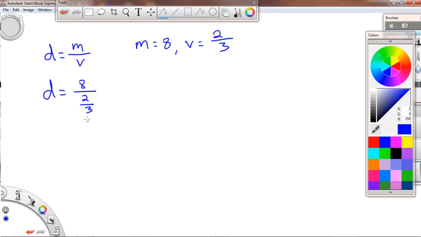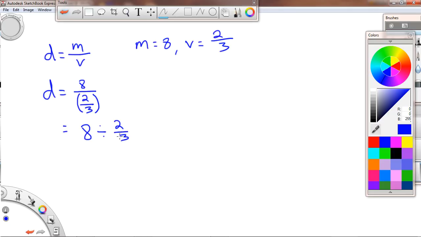This is just division. So think of this as being 8 divided by 2/3. Remember, you can always write division as a fraction, where the top number is the thing we're going to divide, and the bottom number is the thing we're dividing by. Now that's important for setting up the problem.